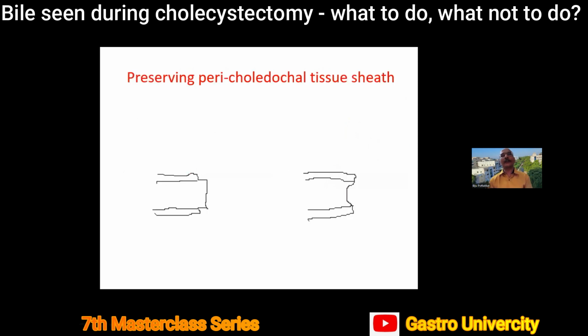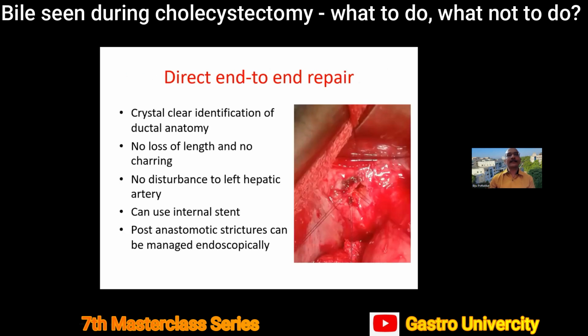One of the important points you have to remember when you do a primary repair is that the periductal tissue, as I mentioned, is very critical for the blood supply. So if you end up doing a primary repair, your dissection should be right outside the portal vein or hepatic artery. The bile duct should carry a thick periductal tissue along with it to ensure that the plexus is intact and you do not end up with a very thin bile duct.